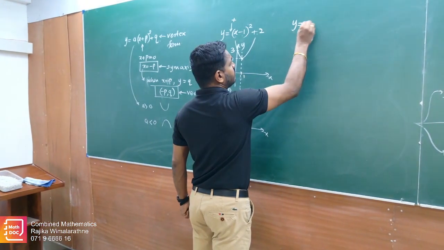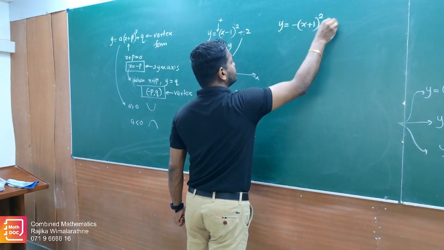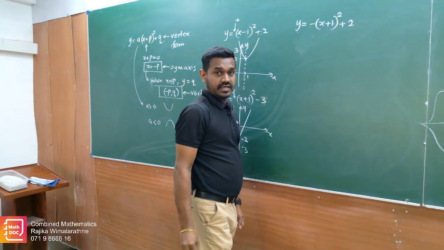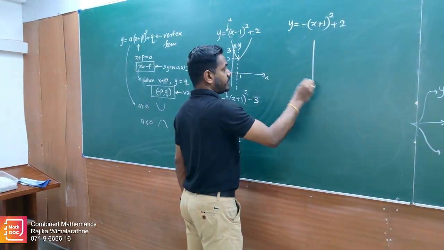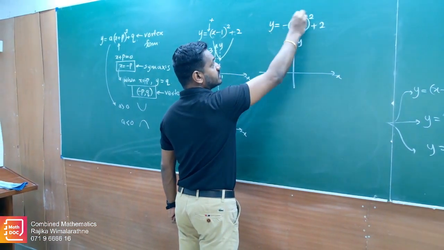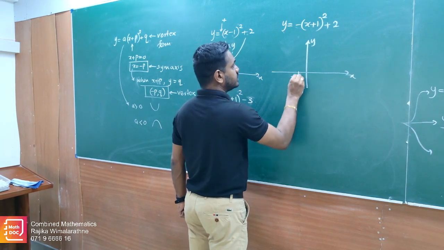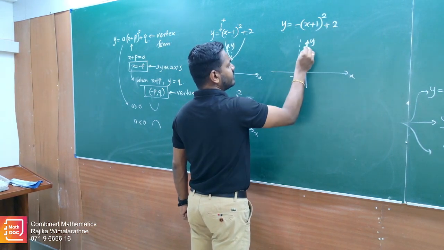y equals minus (x plus 1) squared plus 2. That is also a quadratic. Here the x-axis, y-axis. Here the perfect square zero value is minus 1. That is the symmetrical axis. Then the corresponding y value is 2.